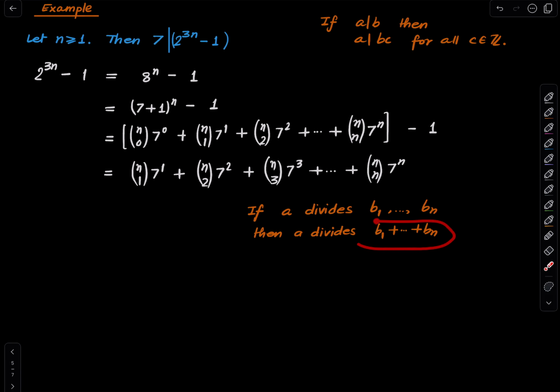We saw this in the form of integer linear combinations in the previous slide, but it was only for 2, when n is equal to 2, but you can easily extend it for any finite n. So that's it. Each of these are divisible by 7, so the whole sum is also divisible by 7, and that's it. 7 divides this guy. A lot of time spent on a very simple problem. Let's move on.